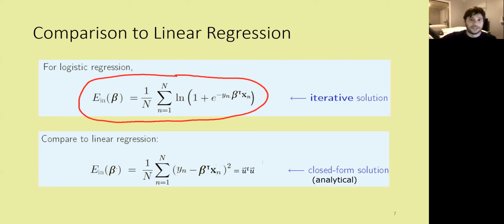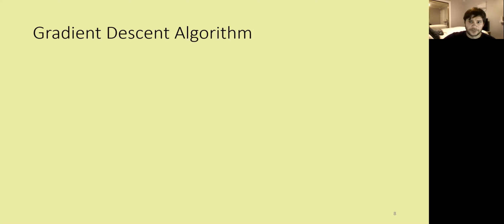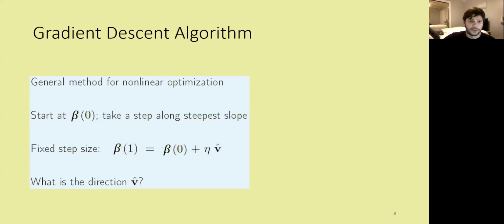There are many different forms and tweaks of the gradient descent algorithm. This is more of a general idea that can definitely be improved upon. We talked about this before, and it is a general method for nonlinear optimization. So how do we solve this? We start by initializing an initial guess at iteration 0.